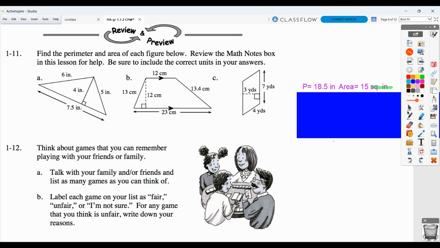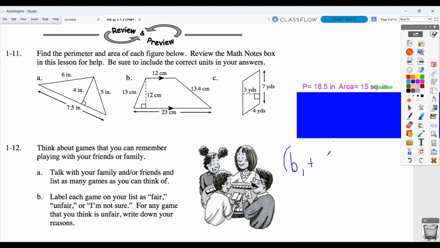For B, again, for perimeter, I'd want to see that you added these units. If you want to use a calculator, that is okay, but make sure that you could do it without one if need be. But I want to see that those 4 units were added for perimeter. And then for area, remember, the area of a trapezoid formula is base 1 plus base 2 divided by 2 times height, or base 1 plus base 2 times height divided by 2.